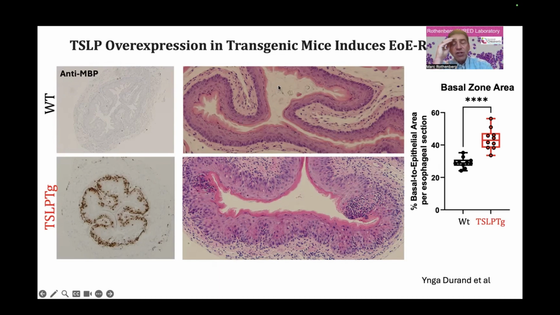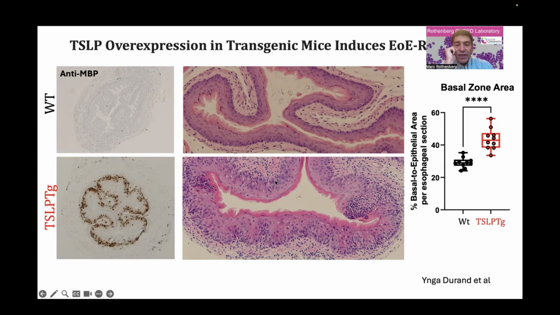And we can see the mouse esophagus here. This is the lumen where the food goes through. This is the epithelium. This is the subepithelial area. And one can see that the architecture of the esophagus is greatly altered in the mice that have overexpression of the TSLP.